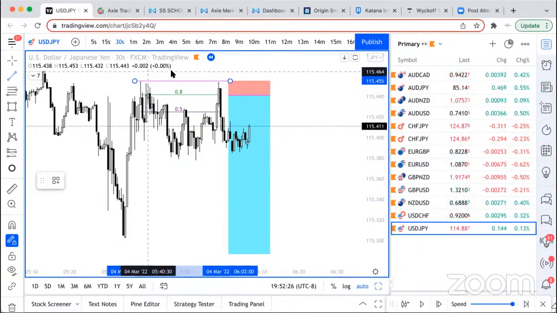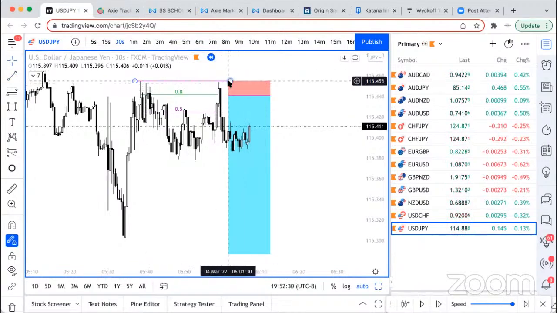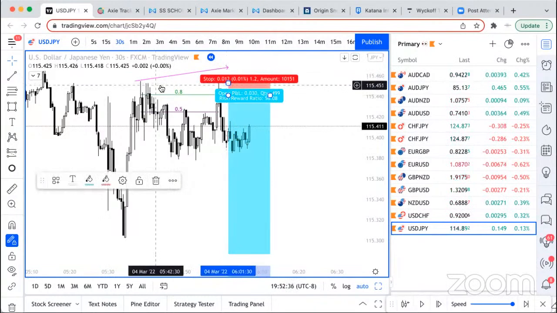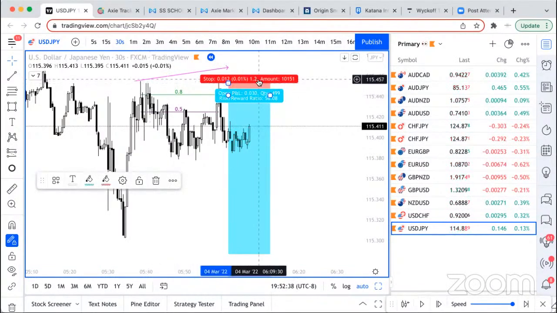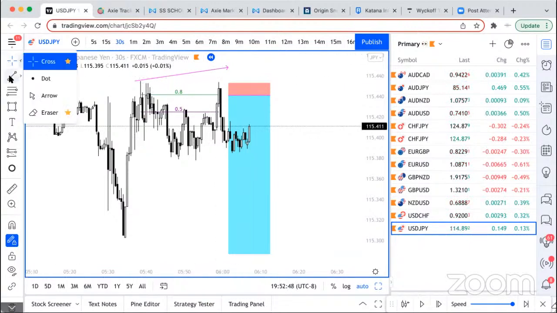Keep in mind, this is only a 1.4 pip stop loss, so I wouldn't want to be stopped out of this position by trying to be a little greedy. It's a 0.2 stop loss difference, and if I would have played this high, it definitely would have got stopped out. As you can see, or if I just draw a line.